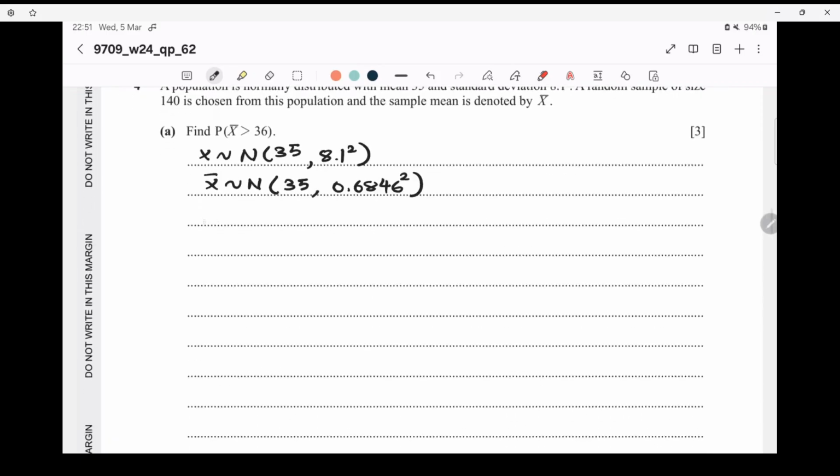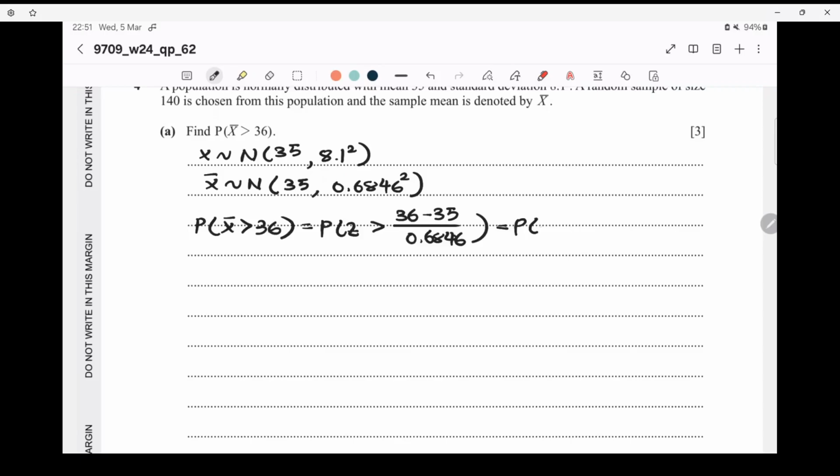So I want to calculate P(X bar greater than 36). Because you start from a normal distribution, there is no continuity correction that you need to do. So this will be P(Z greater than (36 minus 35) divided by 0.6846).